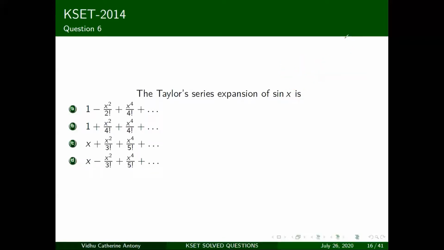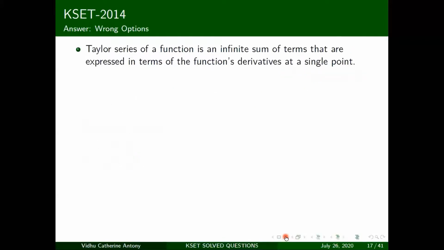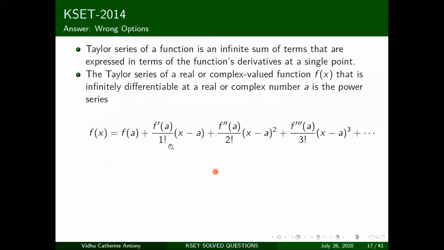Okay, so let's look at this. I think you know how you can write your Taylor series up. So basically it's f of x is equal to f of a. Basically you're trying to express the function in terms of the derivatives. If you look at your Fourier series, you're trying to express the function in terms of your sines and cosines, okay? Here you're trying to express the functions in terms of your derivatives in your Taylor series, okay?